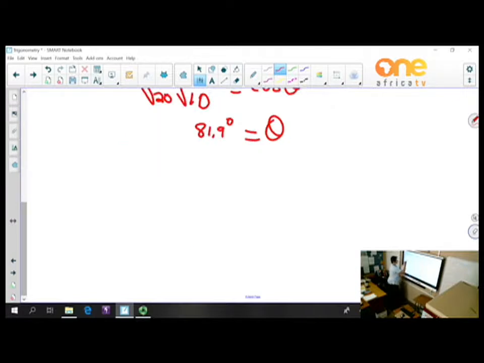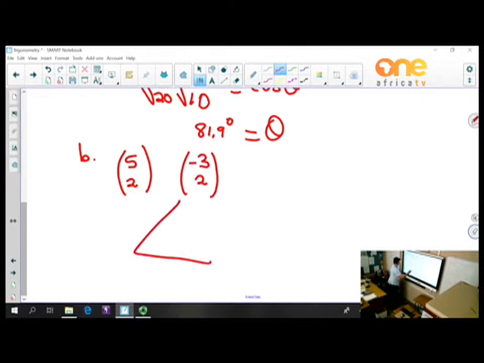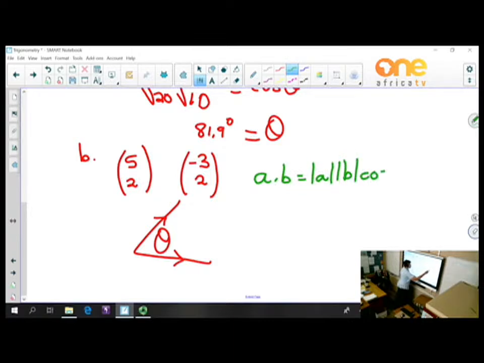Okay, the next one is number B. This column vector is (5, 2), and the second one (-3, 2). I have to find the angle between these two vectors. So that is the angle that you want to find, arms out. What is the formula? A dot B is equal to magnitude A, magnitude B, cosine theta.